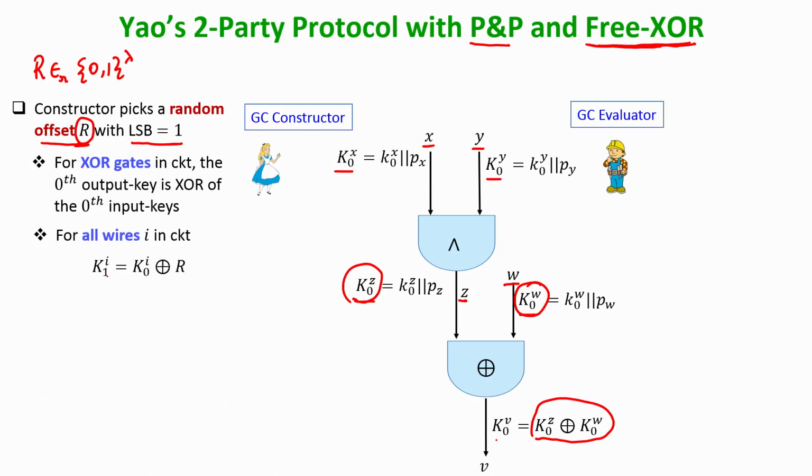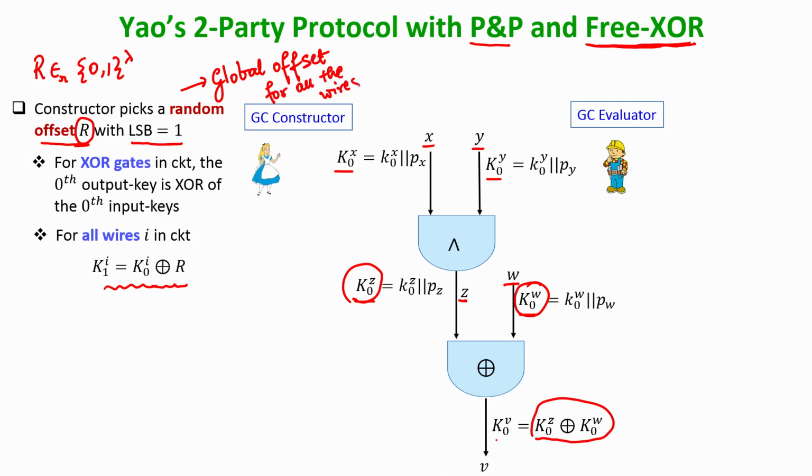And now in the free XOR technique, the keys corresponding to the value 1 for each wire are no longer picked uniformly at random. Earlier they were picked uniformly at random, but in the free XOR technique the key corresponding to the value 1 associated with each wire is set to be the XOR of the 0 key for the wire and the random offset R. So, you can imagine that R is like a global offset known only to Alice, picked randomly for all the wires.